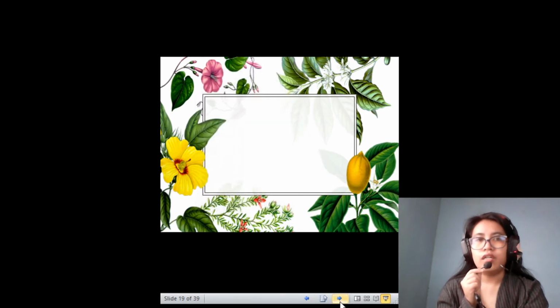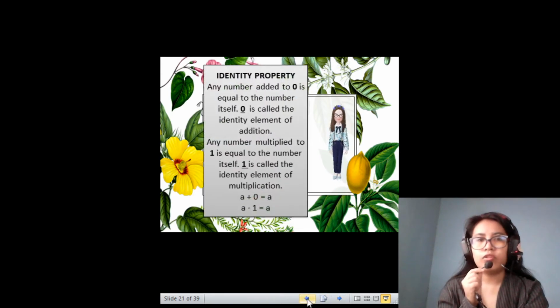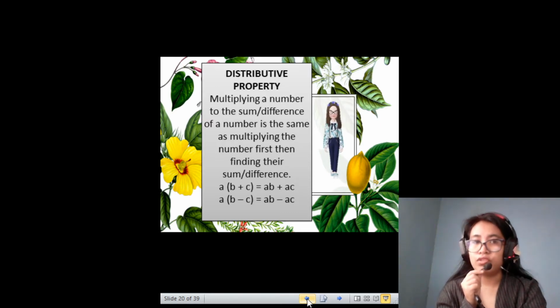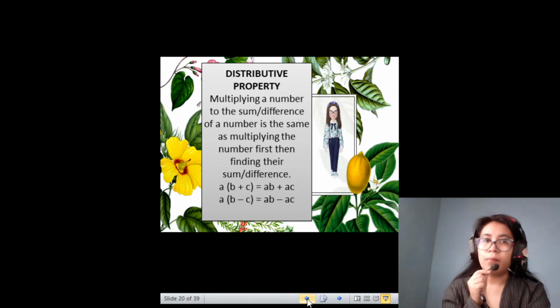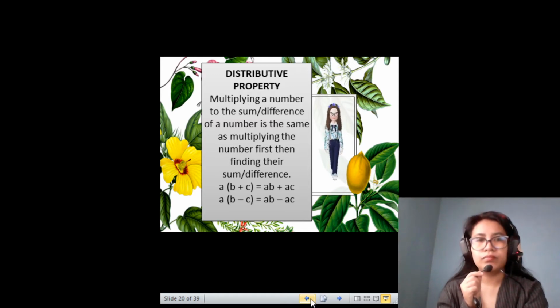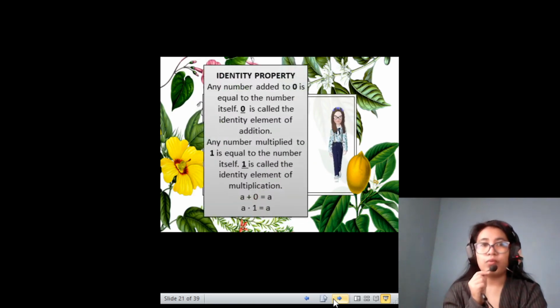Next is our distributive property. The distributive property states that multiplying a number to the sum or difference of numbers is the same as multiplying the number first, then finding their sum or difference. That's what was in the illustration a while ago. Next, identity property.